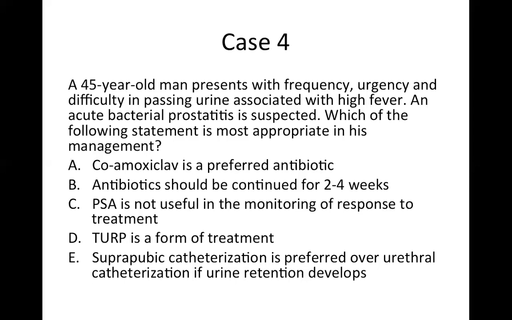D, TURP is a form of treatment. E, suprapubic catheterization is preferred over urethral catheterization if urine retention develops. By the way, TURP is a short form for transurethral resection of the prostate.